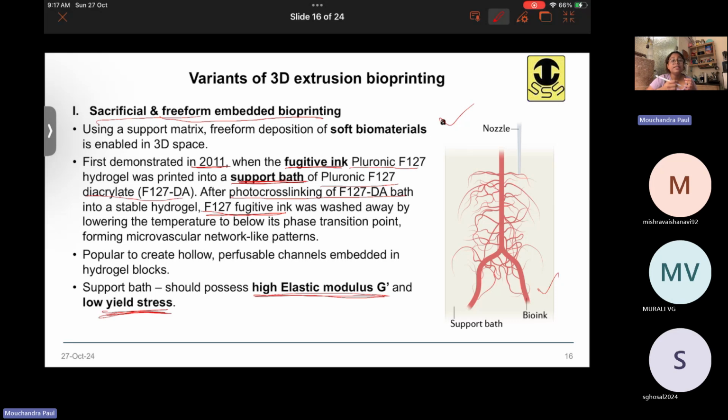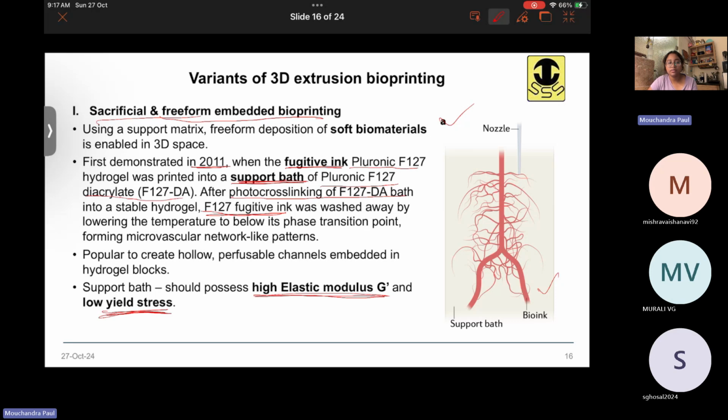Okay. Why did this technique come into the picture? It is because there are various types of biomaterials which have very low viscosity, but in terms of bioactivity, they are very well suited for cell growth. So you want to create complex structures with soft biomaterials, which themselves do not possess very good printability.